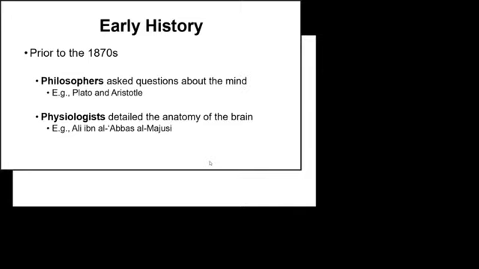Physiologists were detailing the anatomy of the brain, and we have one, I'm probably going to say it fairly wrong, Ali ibn Abbas al-Majusi. There we go. And this is a Persian physician who was one of the first people documented trying to explain psychological disorders as illnesses, as opposed to demonic possession or something like that.